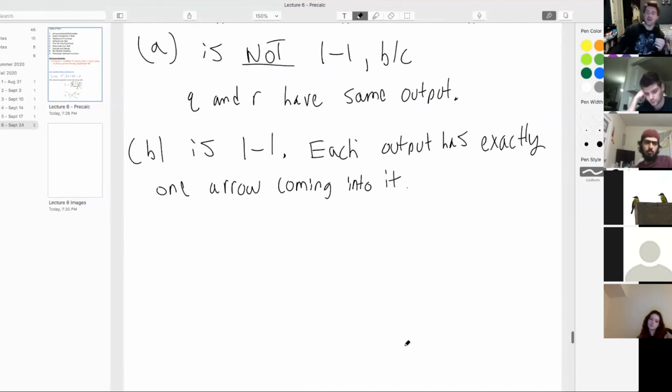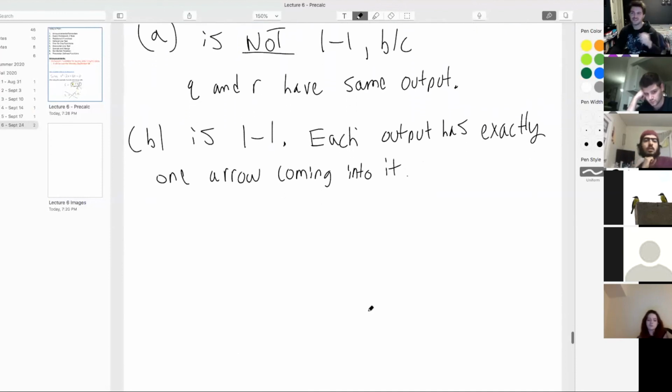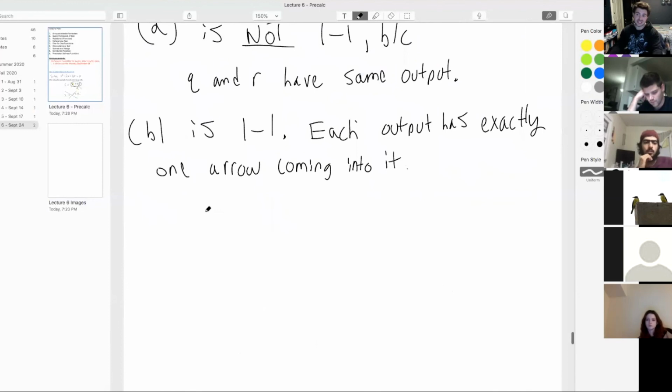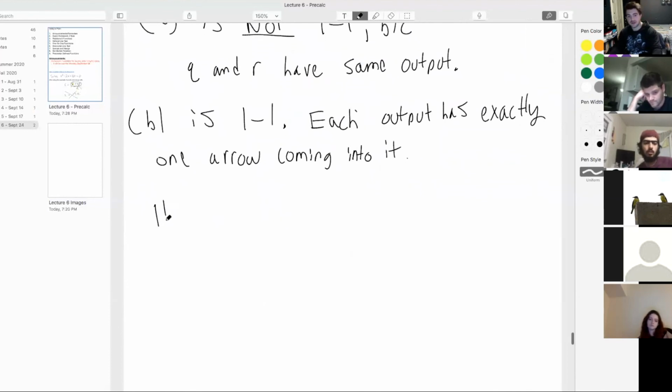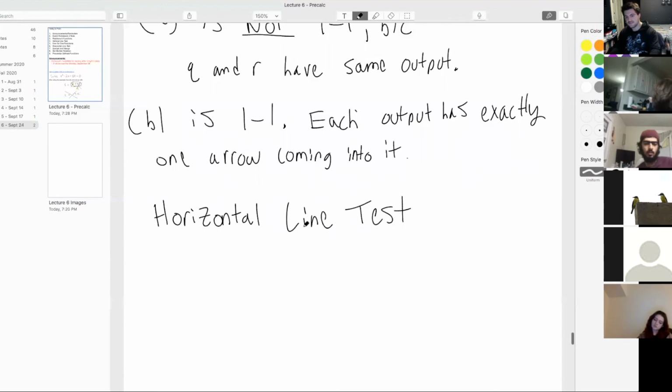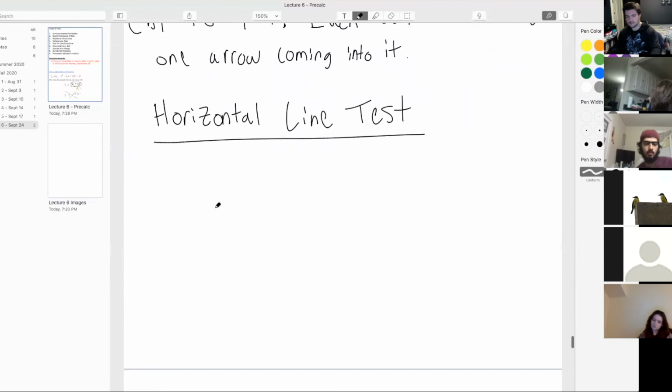We also have a nice test to check for one-to-oneness or injectivity, and that's called the horizontal line test. What does this do?